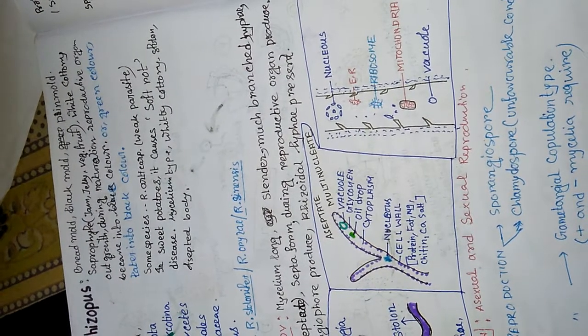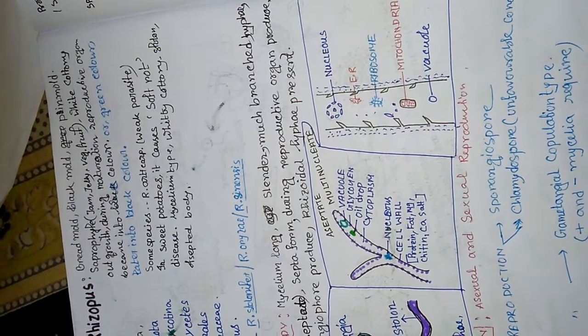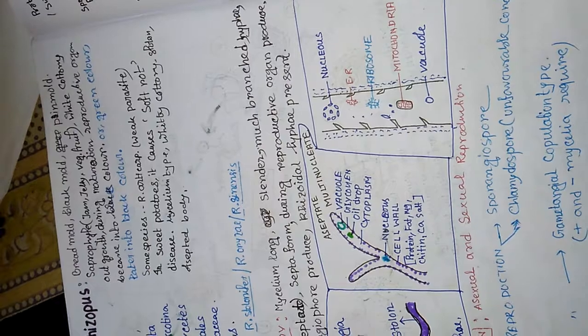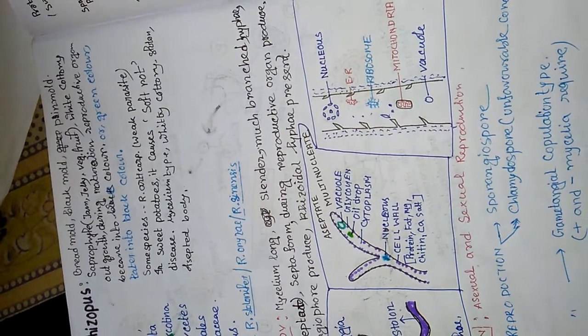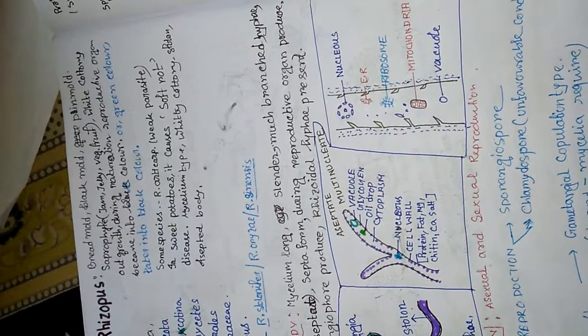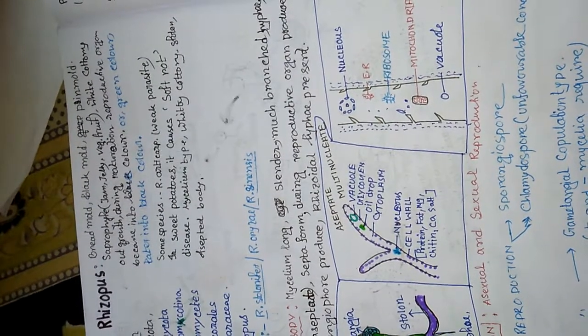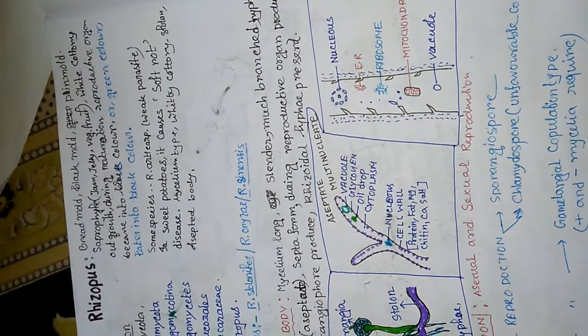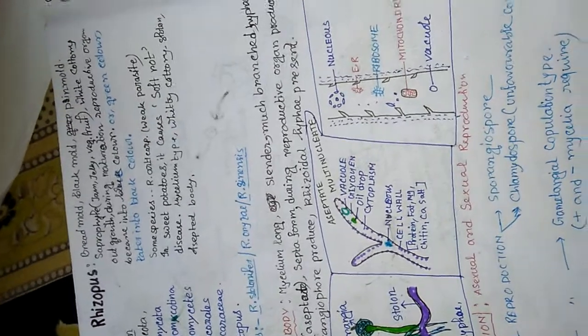In sweet potato, it causes soft rot disease. The fungi are mycelial type, whitish and cottony, with stolons.